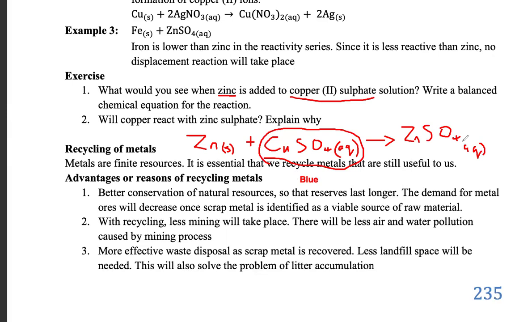Plus copper. And therefore, between copper as a product and zinc sulfate, which one will give us the color? Copper is now formed as deposits at the bottom of the solution. The one that is giving us the color is the solution, zinc sulfate. Which color do you expect?